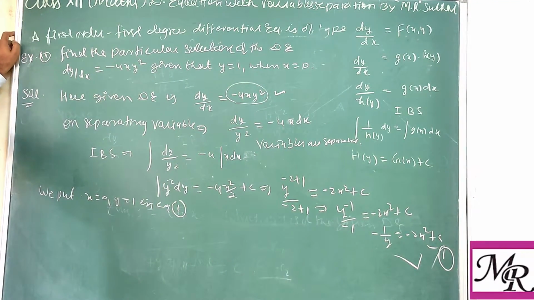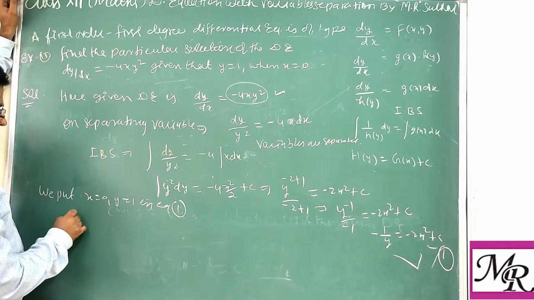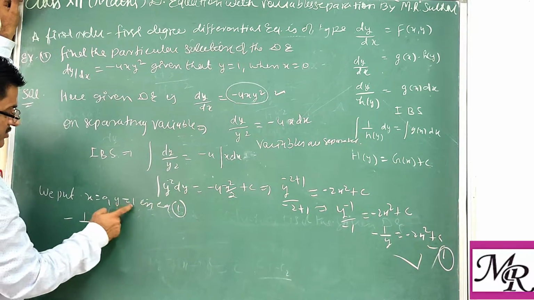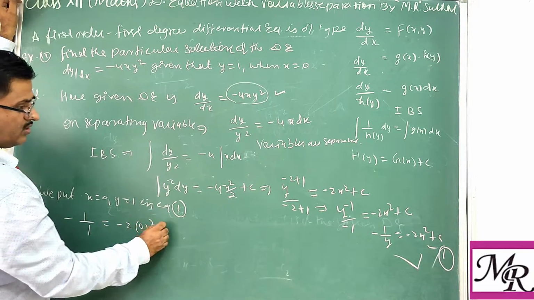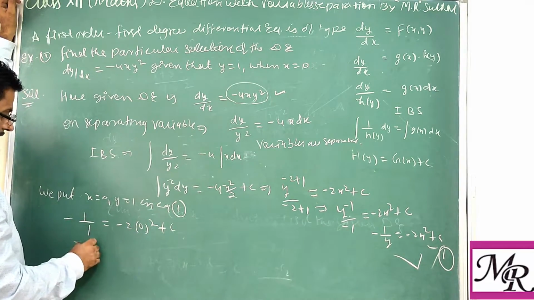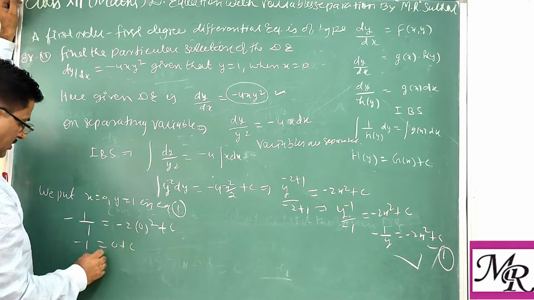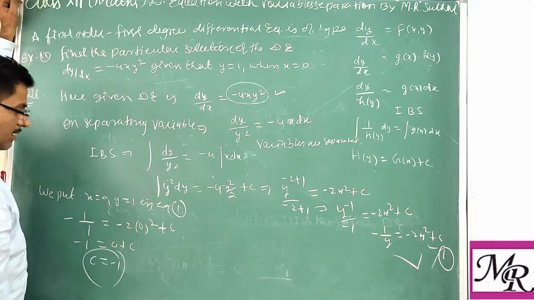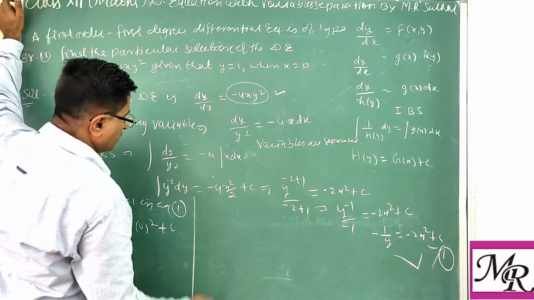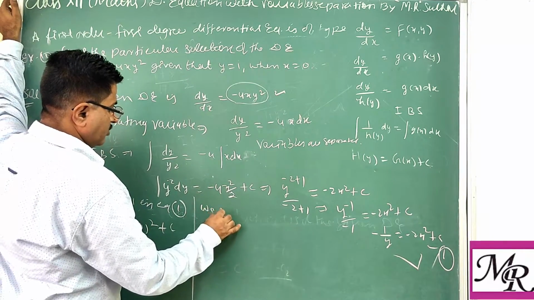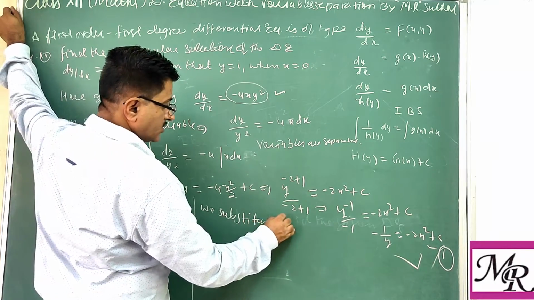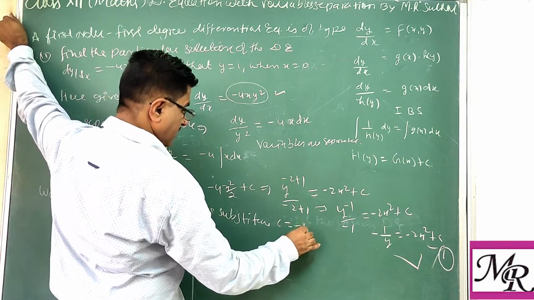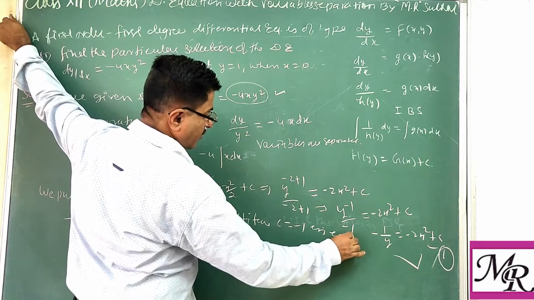In this equation we put these two values. Then what do we get? Minus 1 upon y, where y is 1, equals minus 2 into x, that is 0, plus c. So minus 1 equals 0 plus c. So we get the value of c, that is c equals minus 1. Now we substitute c equal to minus 1 in equation 1.